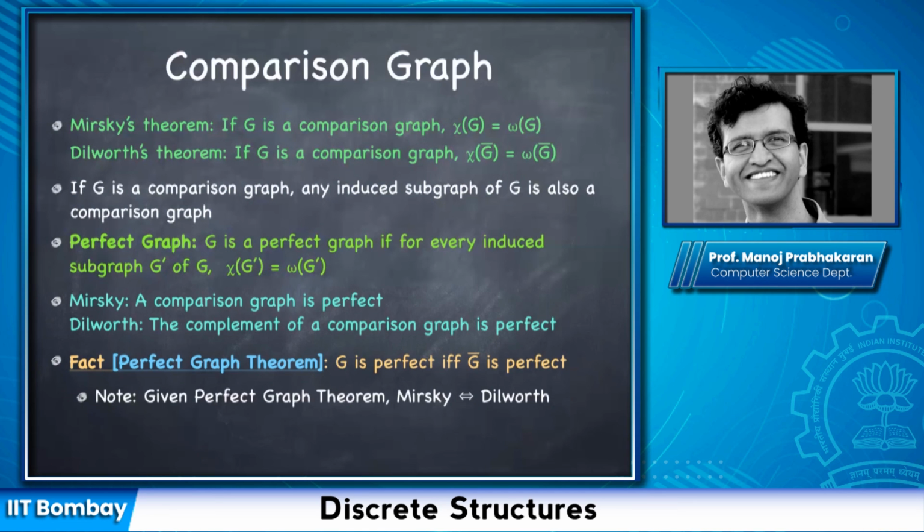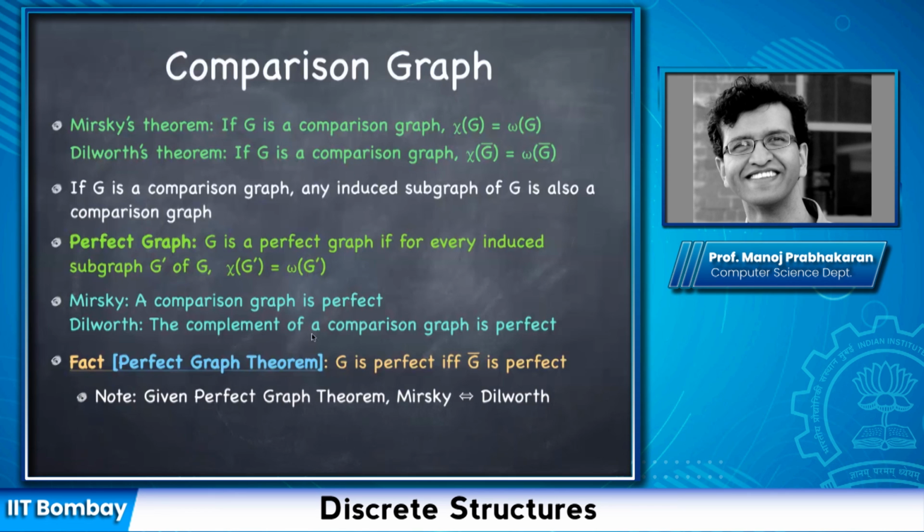However, given the perfect graph theorem, you can see that Mirsky's theorem and Dilworth's theorem imply each other directly. Because Mirsky's theorem says a comparison graph is perfect, and now you take its complement, by the perfect graph theorem, that's also perfect.